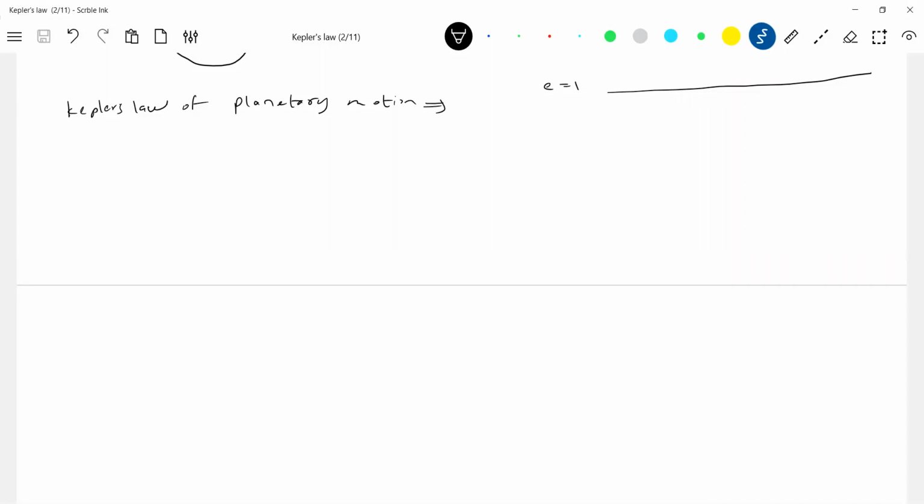He suggested that all planets revolve around the Sun in elliptical orbits, with the Sun at one of the foci.